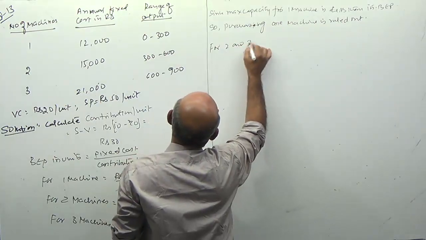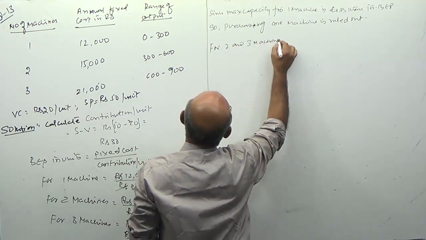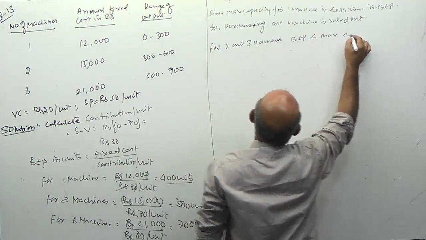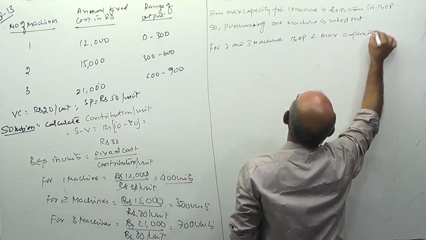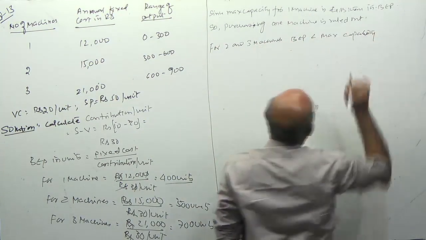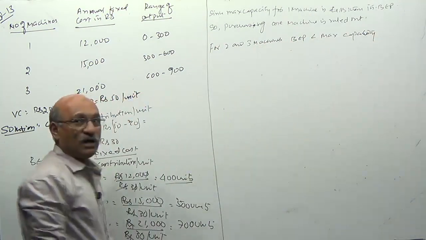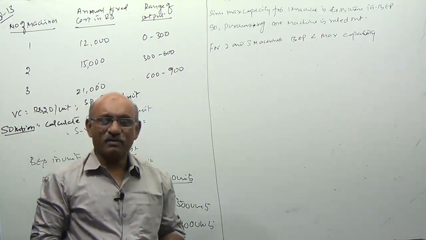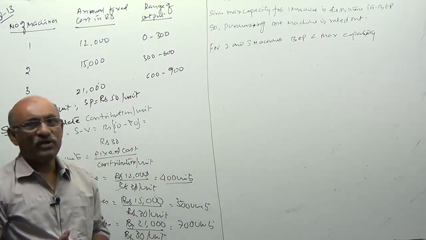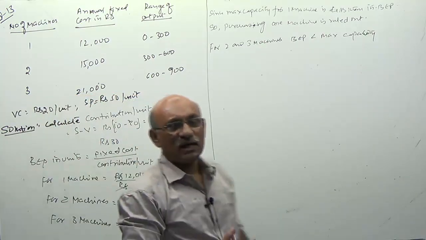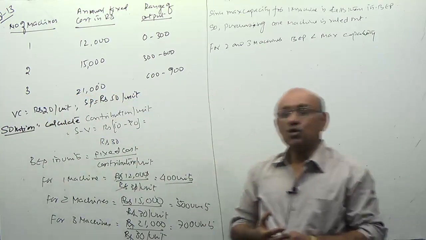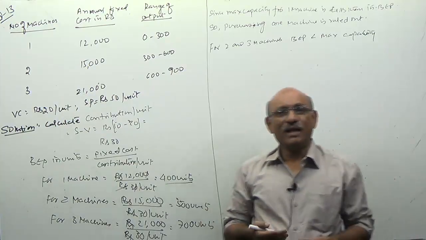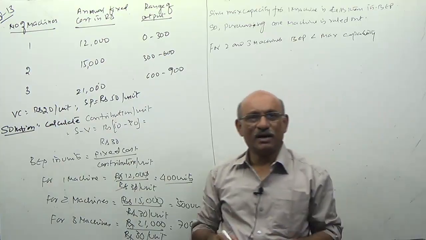For 2 and 3 machines, break-even point is less than maximum capacity. So we may consider purchasing 2 machines or 3. Now, whether I have to purchase 2 machines or 3 machines again depends on the market demand.